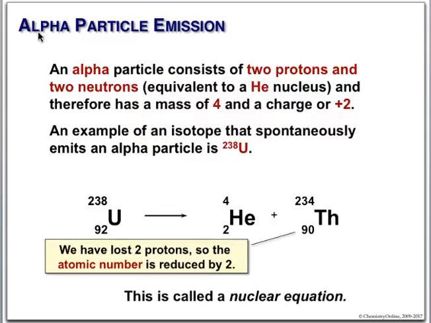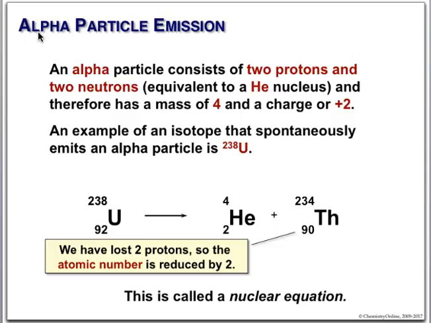So look at this equation here. We started off with uranium with 92 total protons. This loses an alpha particle, which is 2 protons, and forms thorium. Thorium is over here. There it is, right there.